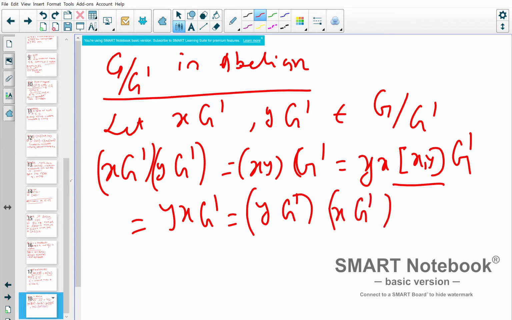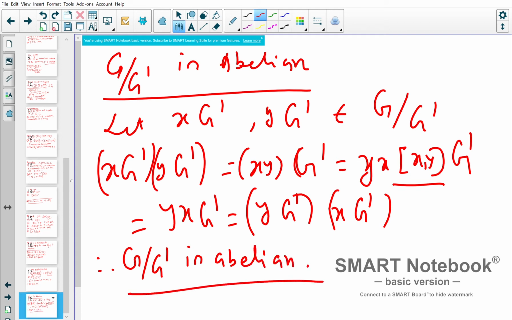Thus G mod G dash is abelian. So you understood that the commutator subgroup, or derived subgroup, is a characteristic subgroup, and the quotient is always an abelian group.